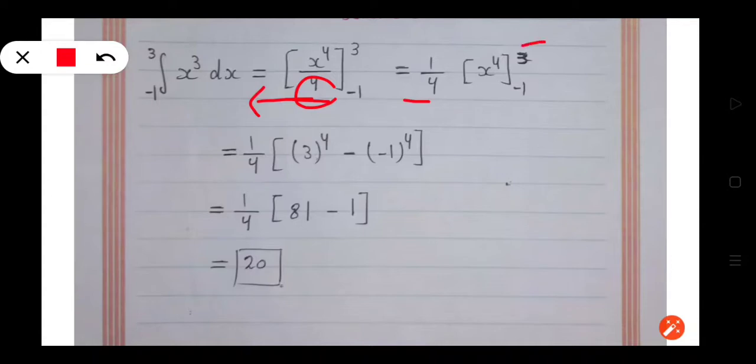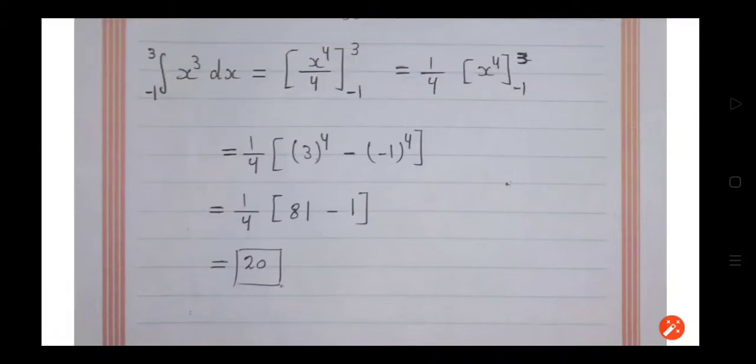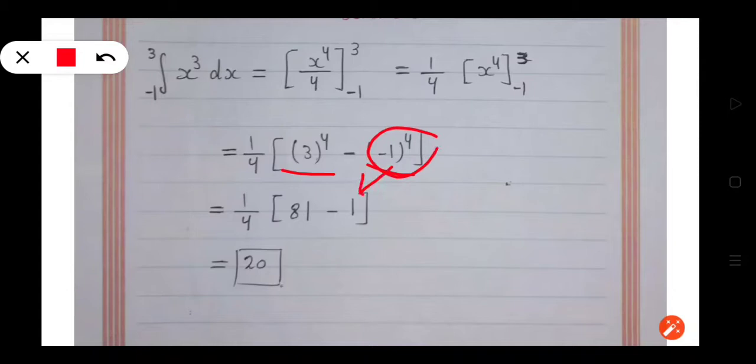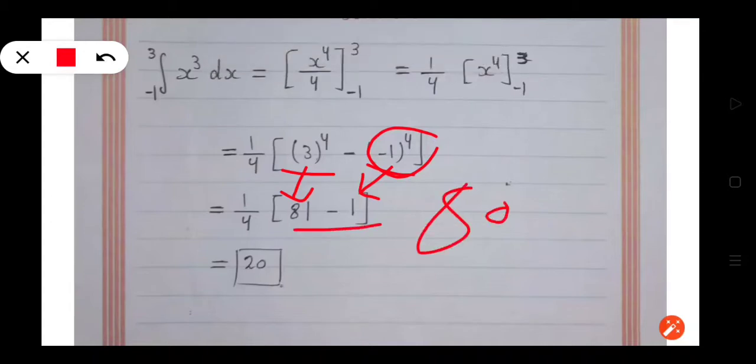Put x as 3, that's equal to 3 power 4, and x as negative 1, negative 1 power 4 equals 1, while 3 power 4 equals 81. That means it's equal to 80 divided by 4, which equals 20.